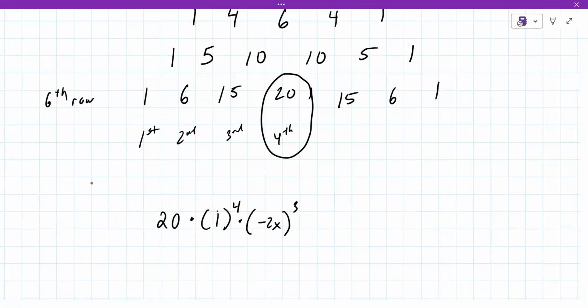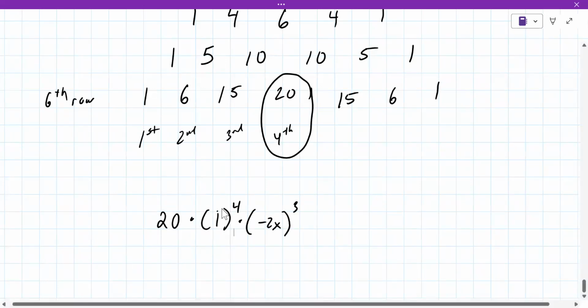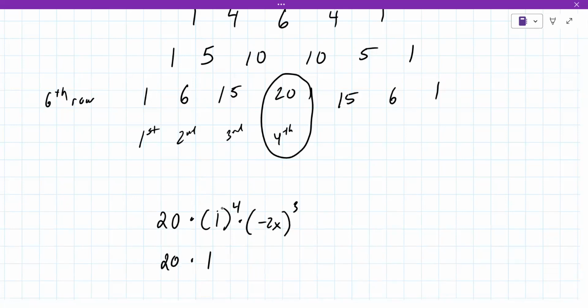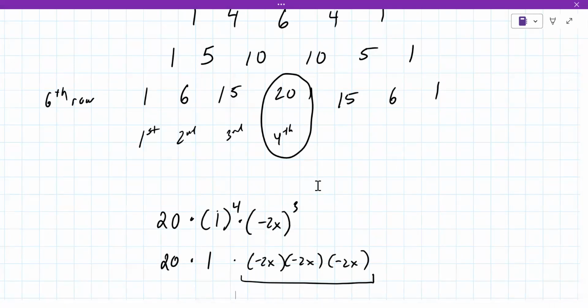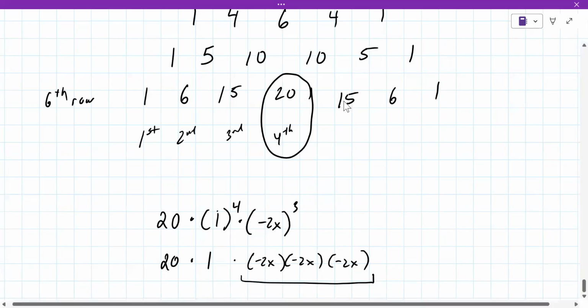I know this was not clear, but just follow along here. 20 times 1 to the 4th is 20 times 1. Now, negative 2x cubed means negative 2x times negative 2x times negative 2x. Could you simplify that for us, please? Sure. Negative 2 times negative 2 times negative 2. That'd be positive 8.